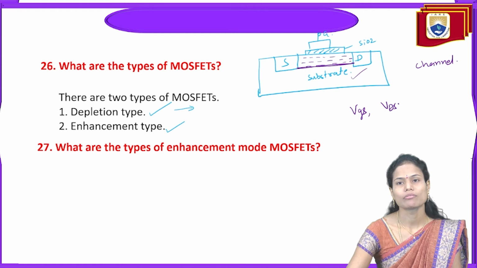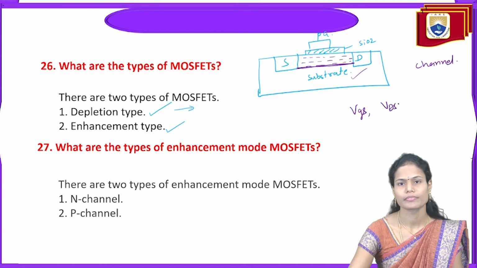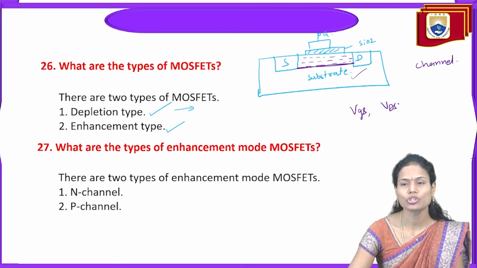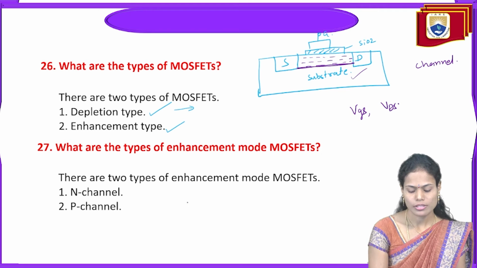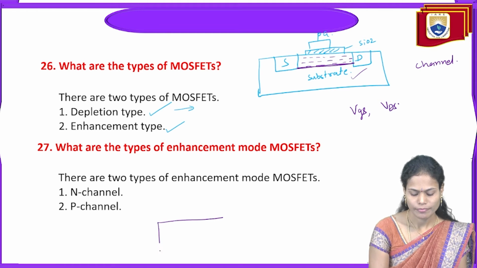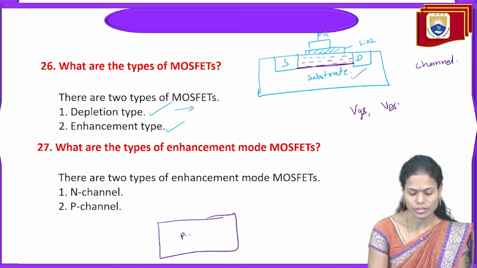And next one is what are the types of enhancement mode MOSFETs. So here we are having two types of enhancement mode MOSFETs: the N channel E MOSFET and P channel E MOSFET. So in this particular case also, if you want to design the N channel MOSFET, we have to take the P type of substrate here.